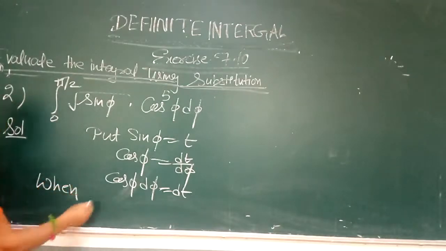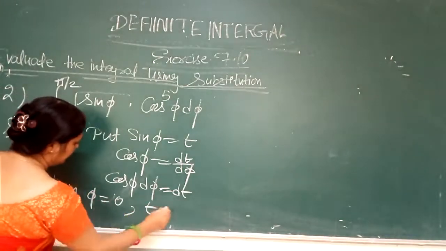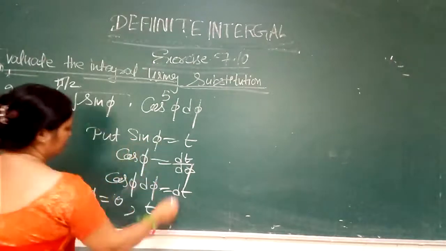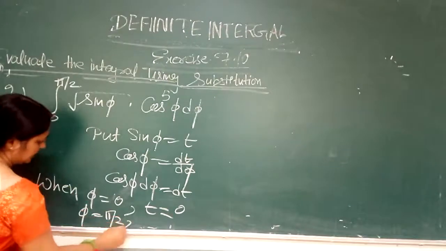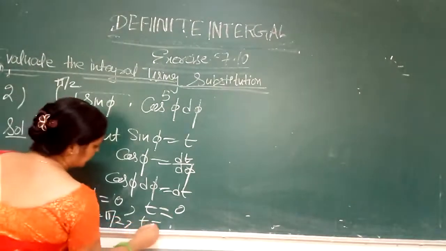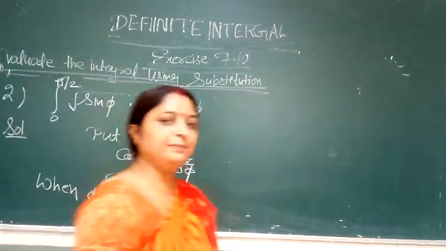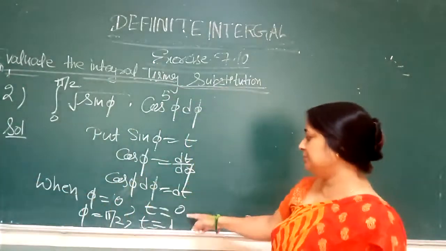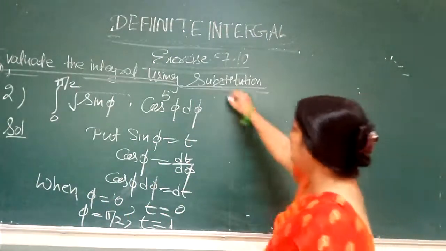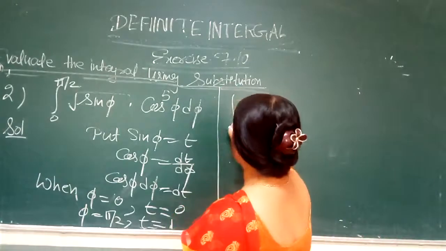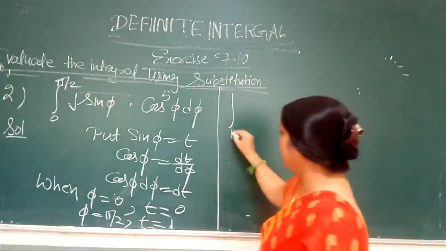When phi is equal to 0, the value of t is sin 0, which is 0. When phi is equal to pi by 2, t is sin 90 degrees, that is 1. So the limit 0 stays 0, and in place of pi by 2 it becomes 1.